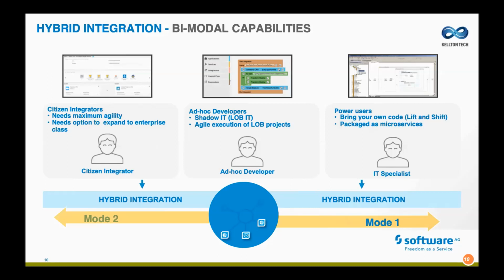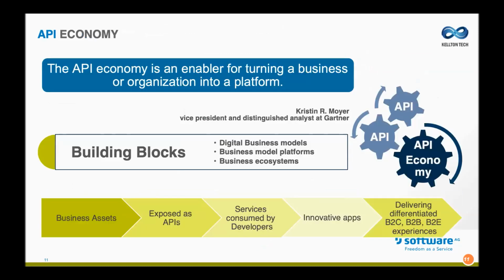In both these senses, we have citizen integrators being able to play with digital components that are enabled through, say, APIs, line of business IT enabling the mid-office into blocks of innovative components that will optimize those operations, and power users that can lift and shift specialty IT components into the hybrid integration mode. So some of these bimodal enablements of IT are also responsibilities for hybrid integration architecture.